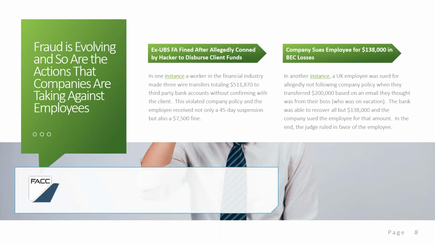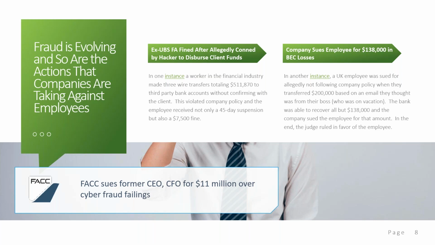Now, another one, which is here in Australia, actually I think it was in 2015, a company fired both their CEO and their CFO after a $61 million fraud occurred.